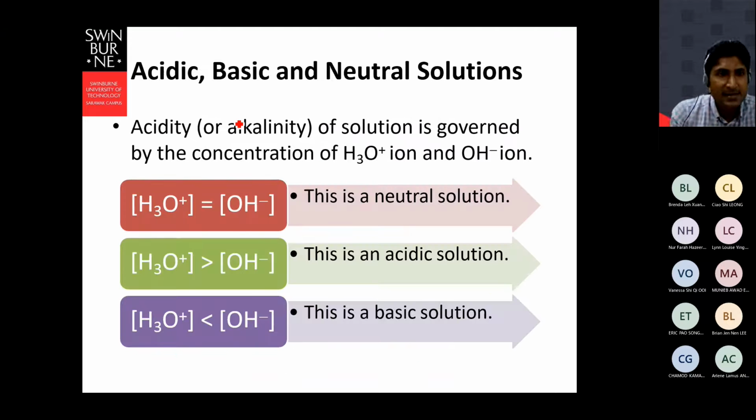Okay, so acidic, basic, and neutral solution. When hydroxyl ion and hydronium ion are equal, we call it a neutral solution. Neutral solution means acidity and basicity are both the same at that temperature for that solution because both are balanced.